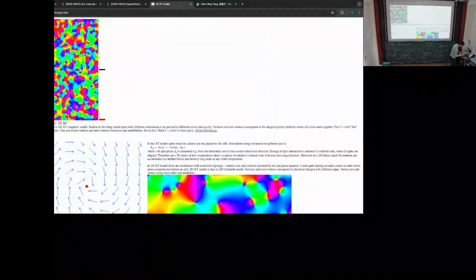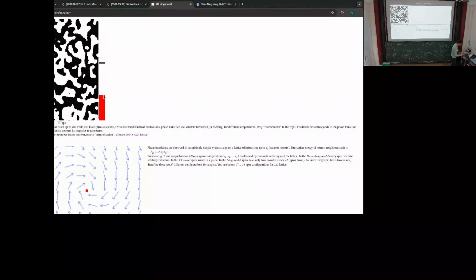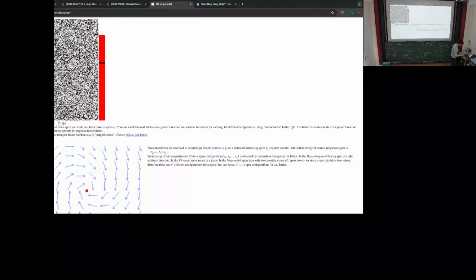Maybe I will just make one last comment with the Ising model. I told you about the symmetry breaking, so here is another way to phrase this. Sorry, I'm bad with playing with this. I think I could make it slower.